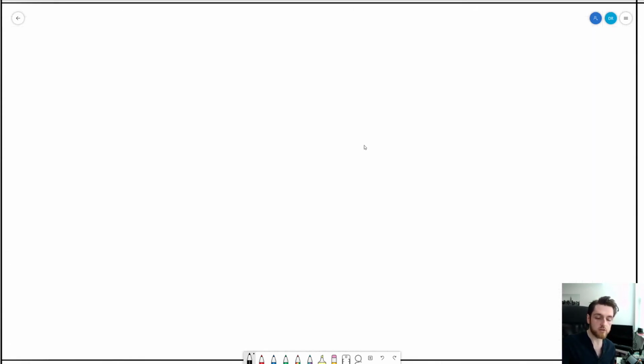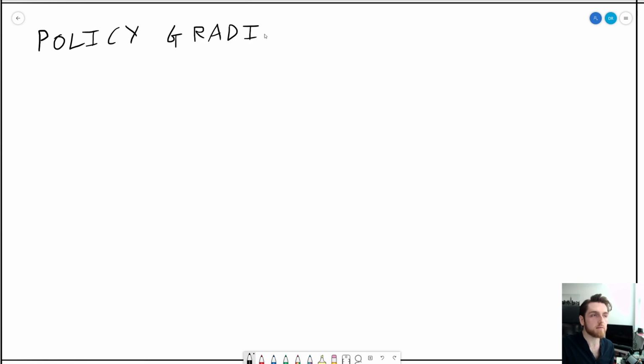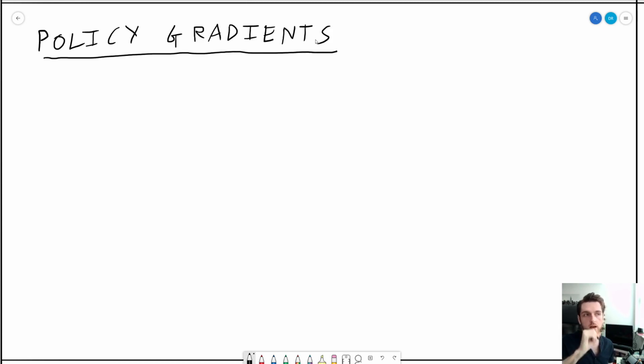The technique we're going to use to solve these reinforcement learning problems in this course is called policy gradients. In the last module, we focused on evaluating the current policy by calculating its value function, and then using that value function to infer what an optimal policy might be.